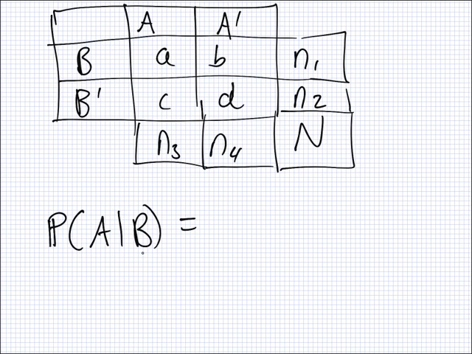B. Right, so we're just looking among the B's. It's given B, among the B's. Remember, it's like probability of a tea drinker among the females. We did that example. So what's the denominator here? B. N1, among the B's.